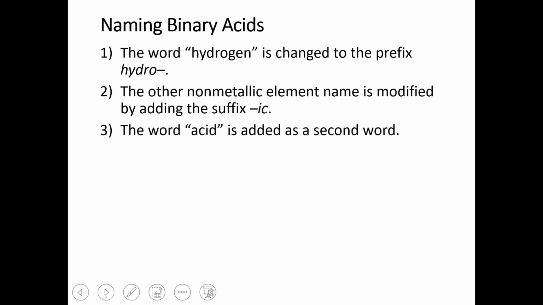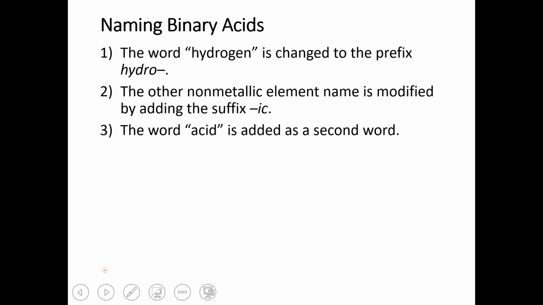If we're naming a binary acid, which means it has hydrogen and something else, we change the word hydrogen to the prefix hydro, and then we change the ending of the second element to -ic, and then we add the word acid.